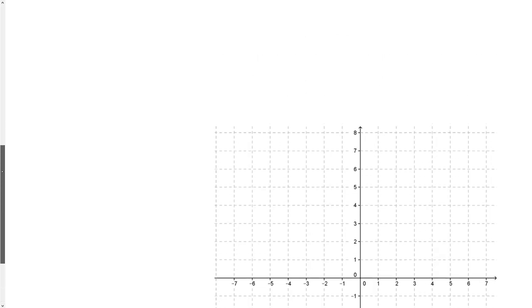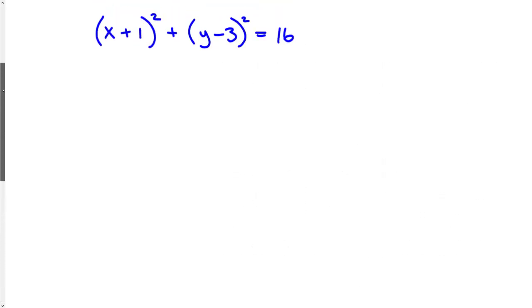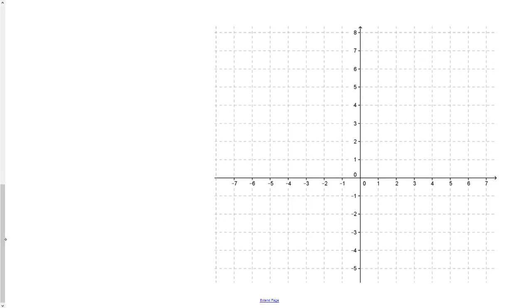And from my equation, which was x plus 1 quantity squared plus y minus 3 quantity squared equals 16, the center of that equation is located at negative 1, 3, and the radius is 4. The square root of 16 is 4.